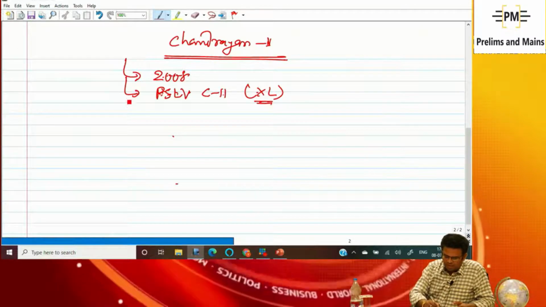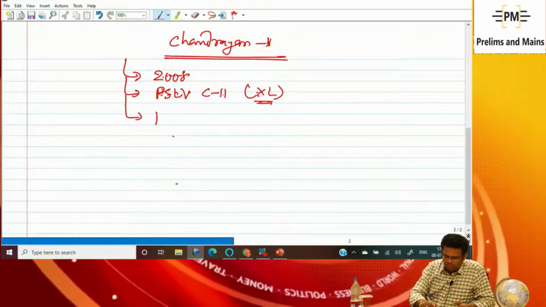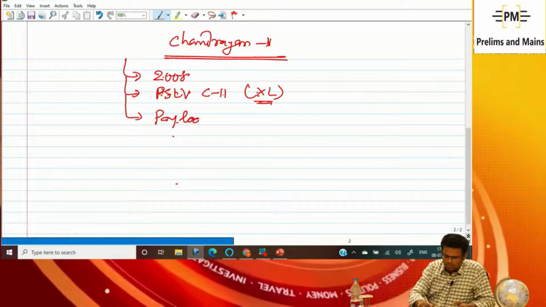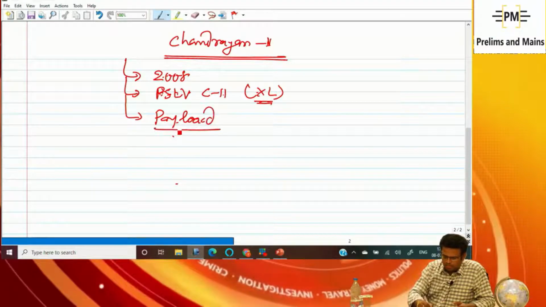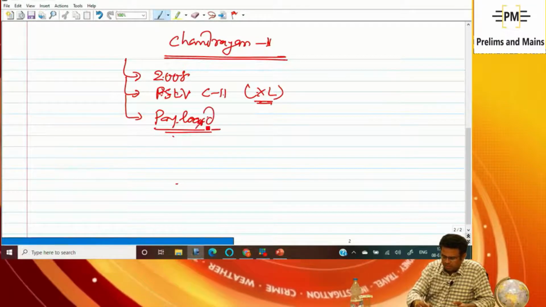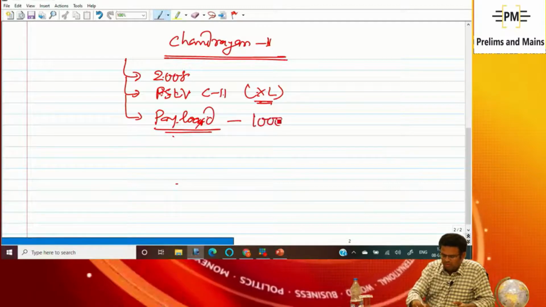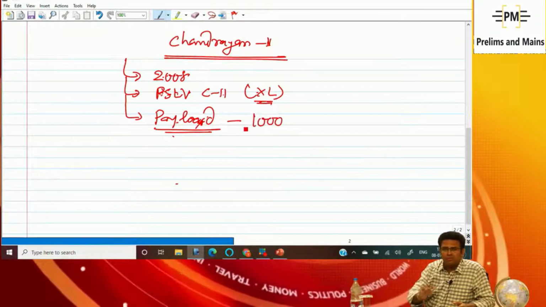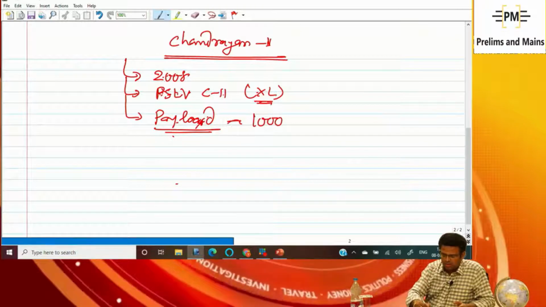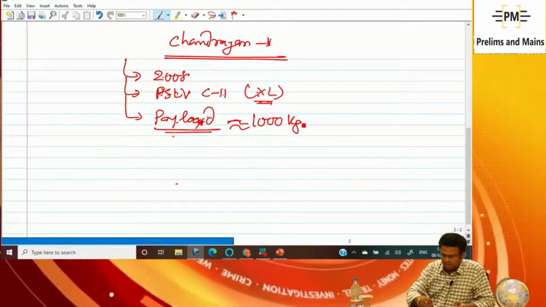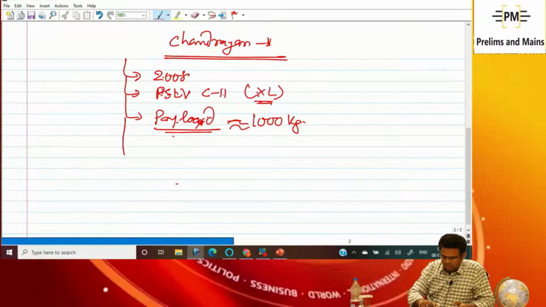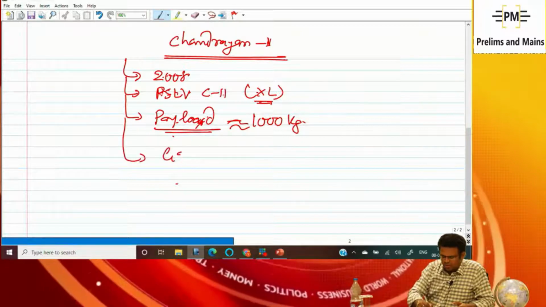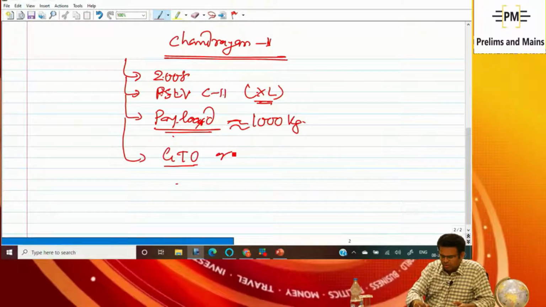PSLV C11 was sent in 2008, and the payload was around 1000 kg. If you forget 1050, nothing to worry, around 1000 kg. Understood?